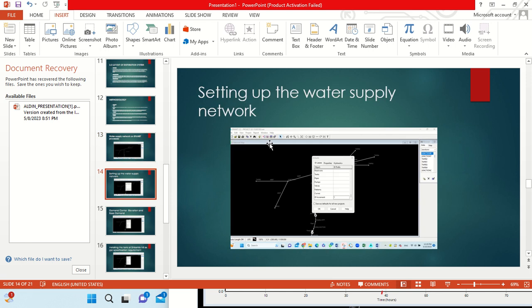Now we look at how we set up the water supply networks, which is we have to plug in all your junctions, your pipes, your pumps, your reservoir, your demand centers, and also most importantly the water storage, which is a reservoir.